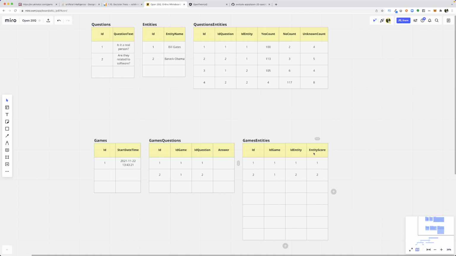So we described how we get the answer, how we build it up, but we didn't describe how we choose the questions. In order to choose the questions, we will use something like a binary search. We want the question that splits our considered entities into two sets regardless of the answer.